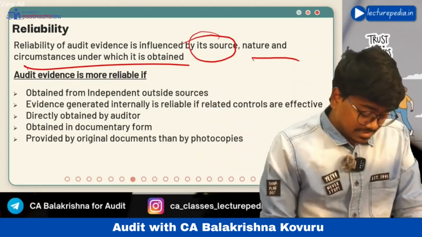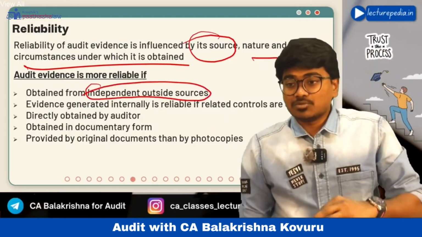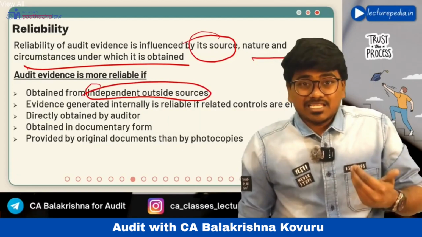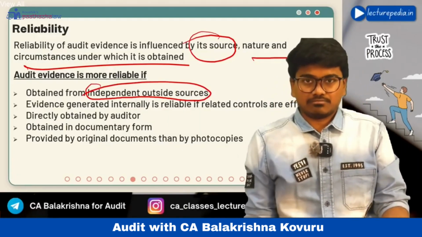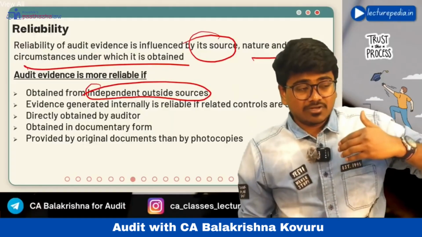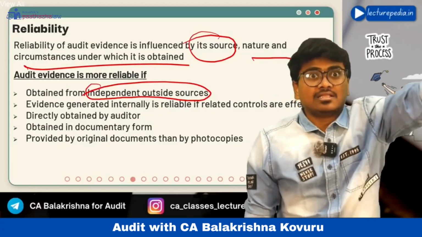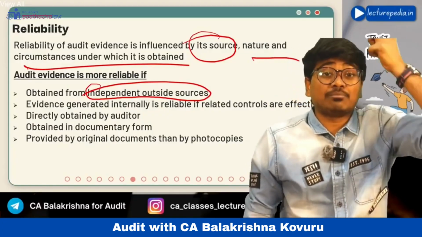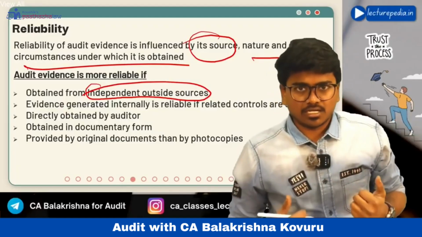Now, audit evidence that is obtained from independent outside sources is more reliable than the audit evidence that is obtained from internal people, right? If you obtain audit evidence from outside independent people, then that is more reliable. You can rely more on that audit evidence than on the audit evidence that you have obtained internally, right?